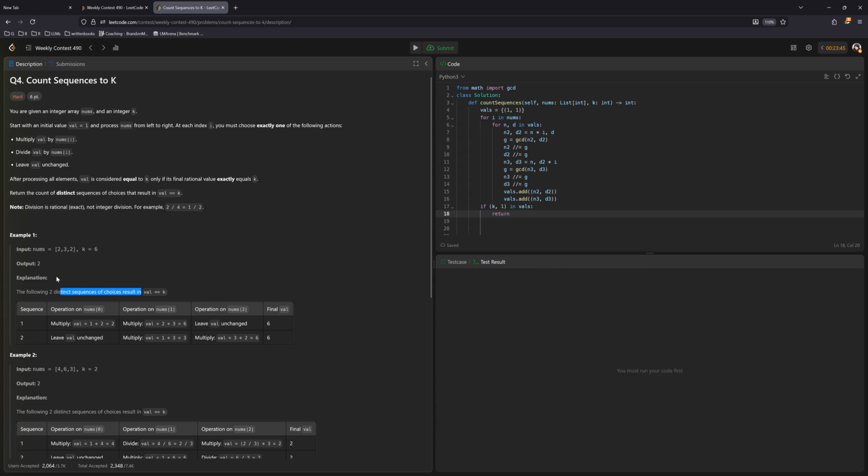Output 2. Return the count of distinct sequences. Okay. Okay, that's fine.